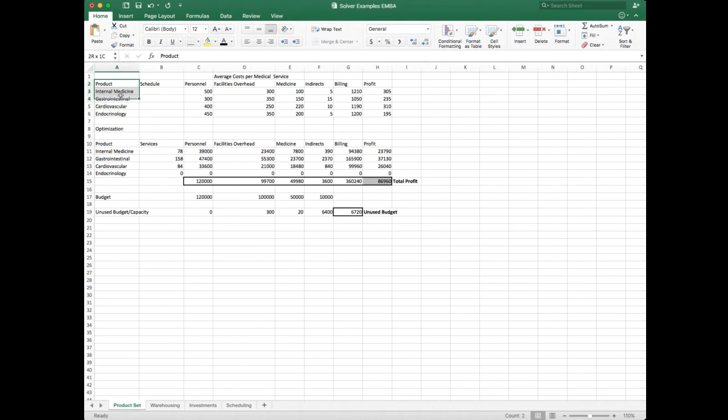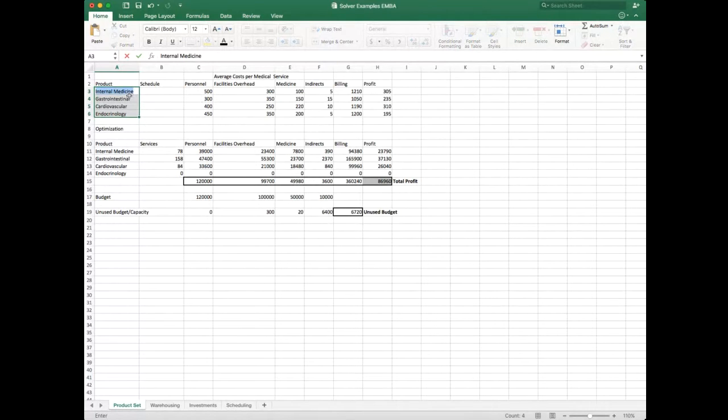Firstly, what are the options or the scenarios that we have? What are the costs or issues related to the scenario? In this case, the hospital scenario is that you've got 4 different groups: internal medicine, gastrointestinal, cardiovascular, and assume endocrinology. I could have had it as ER, doesn't really matter.